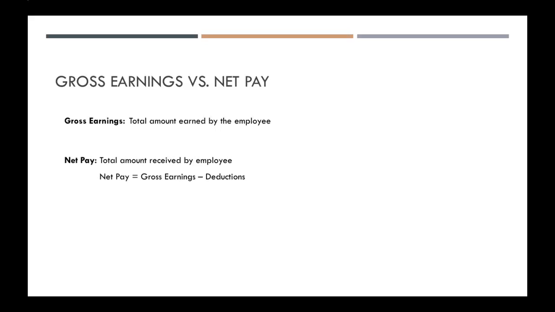Now, if you have to record the journal entry for the pay for the period, your gross earnings will be your salaries and wages expense number, right? Expense earnings. You would debit that. Then you would credit all of your taxes payable, right?